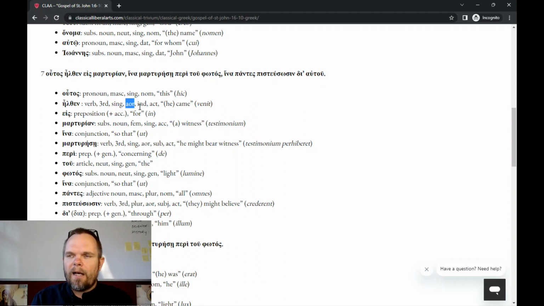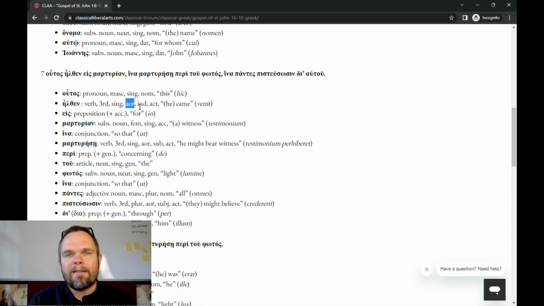I'm going to leave a detailed study of the tenses for Greek grammar, but the aorist tense literally is an indefinite tense. So it doesn't define for us exactly the time of the event. That's what the aorist tense is.